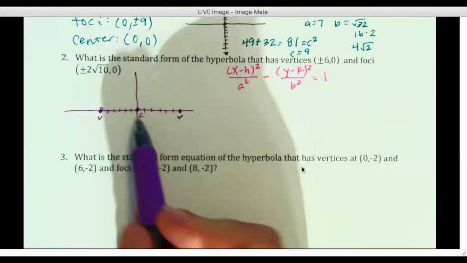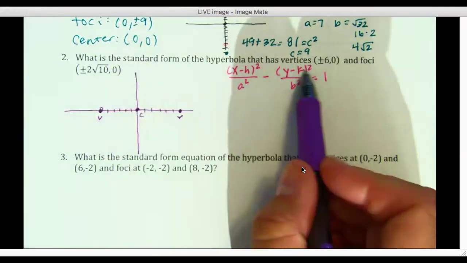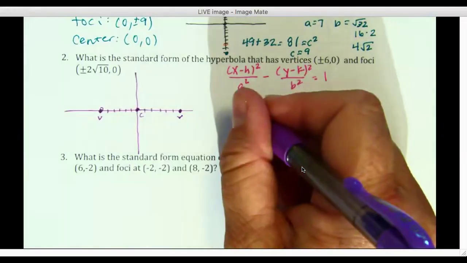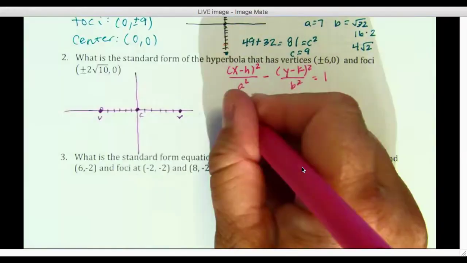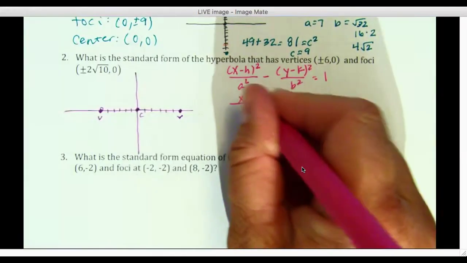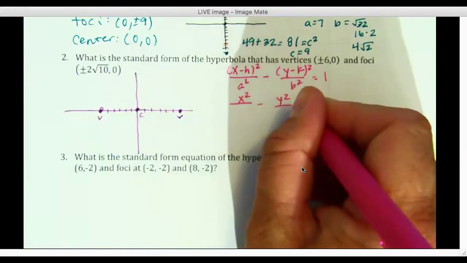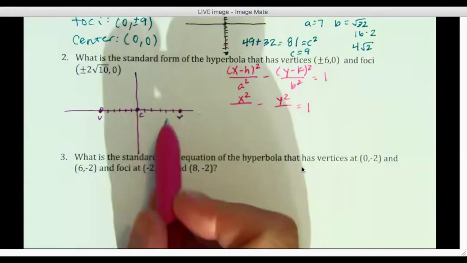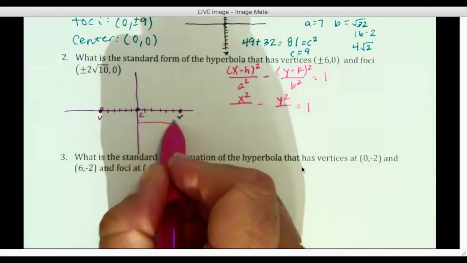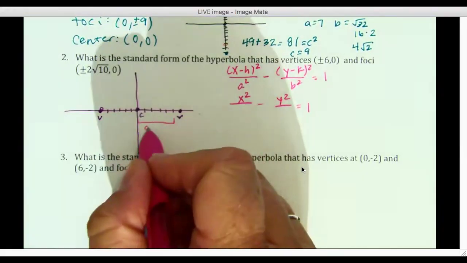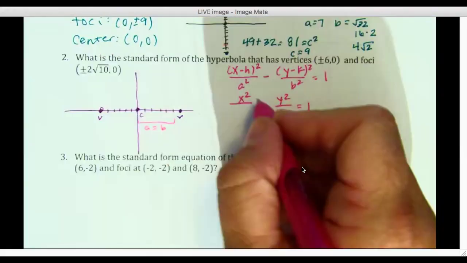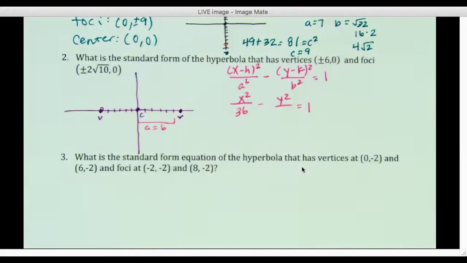And my center is at 0, 0, so I already know h and k are 0. So what I'm going to end up with is x squared minus y squared equal to 1. And I can already see that my a value is this distance here. A is equal to 6, so a squared would be 36. The only other piece that I'm missing is my b squared value.